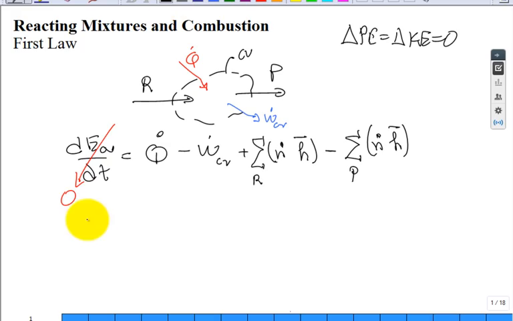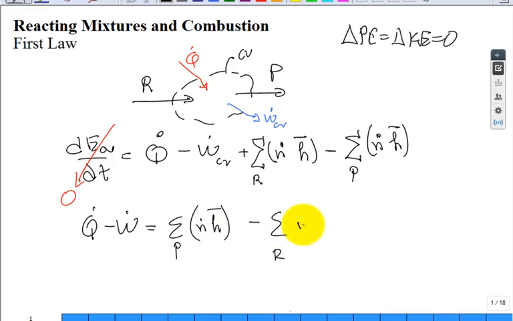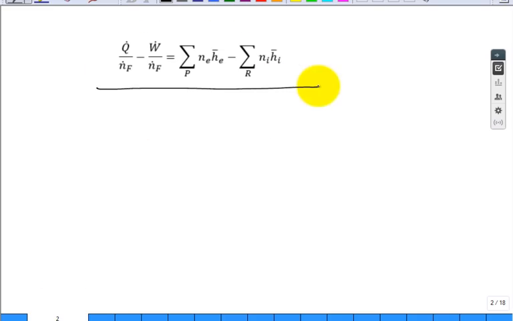So you would write Q dot minus W dot equal to the sum of the products going out, the molar flow rates times the molar enthalpies, and subtract the sum for the reactants, molar flow rates times molar enthalpies. Look good? Let's press forward. This is the equation they would write.